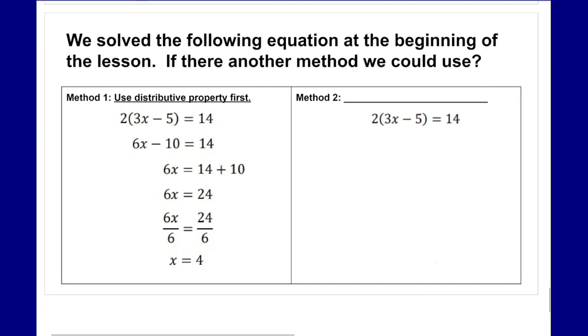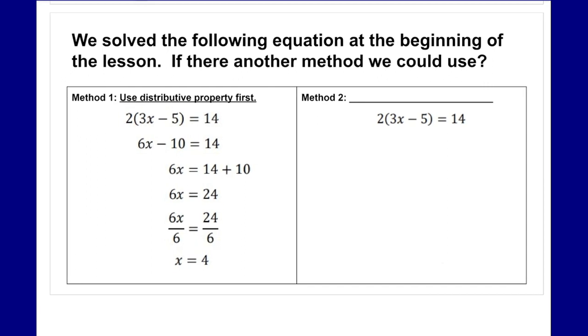One last thing we're going to look at, another method. So we're going all the way back to the first equation that we solved for in the beginning of this lesson: 2 times (3x minus 5) equals 14. On the left side, we used the distributive property, which is the steps that we went through to solve.